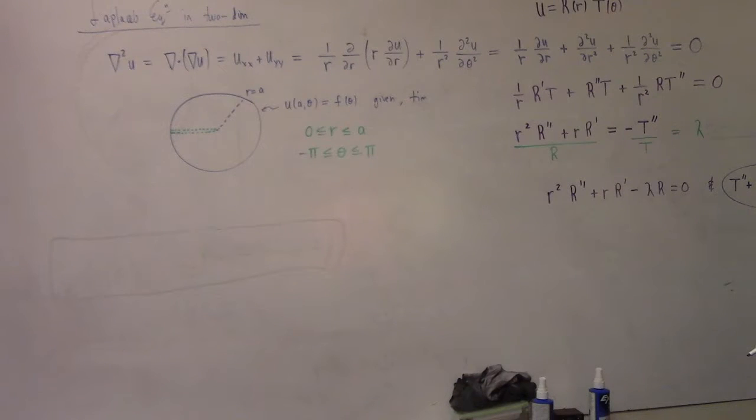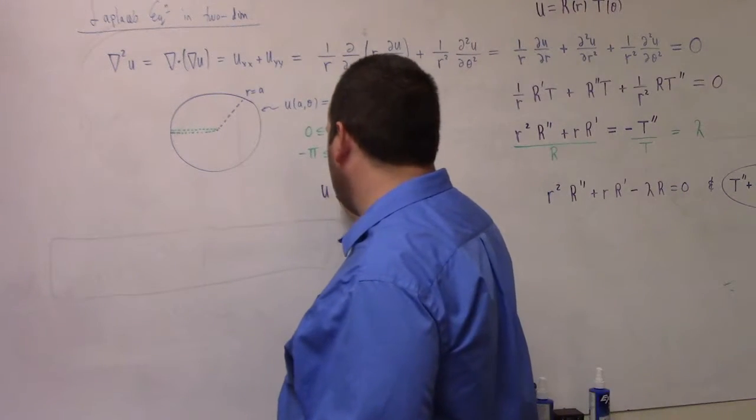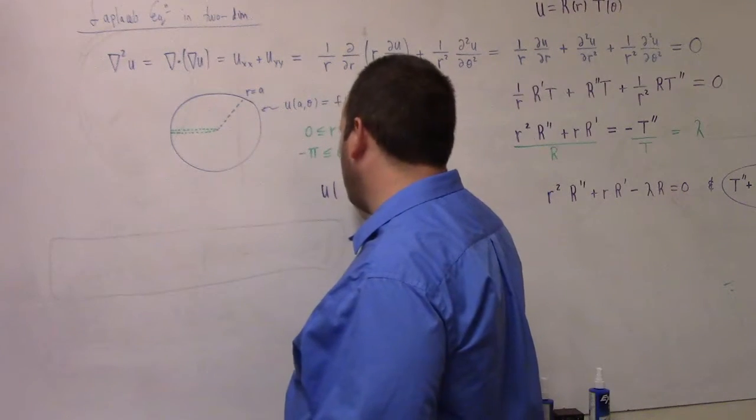Remember our boundary condition, what was it? Do you remember, one of them was that u of r pi equals u of r negative pi. Why did I erase that? I'm an idiot.